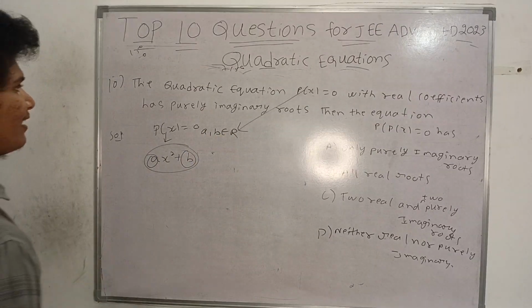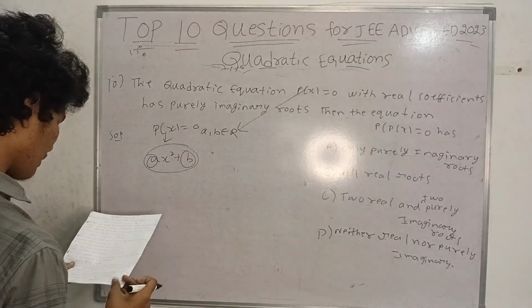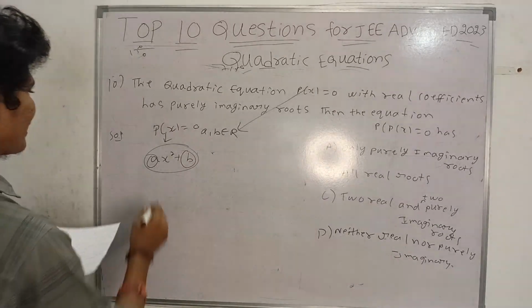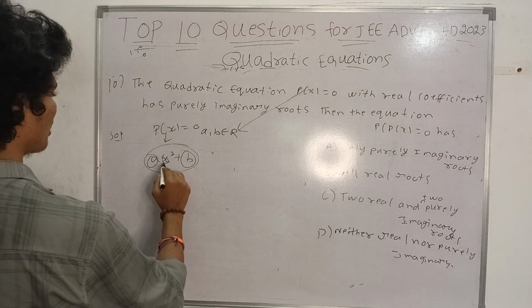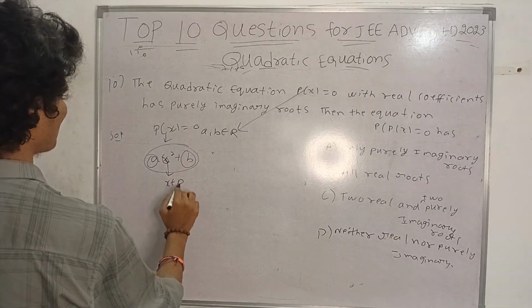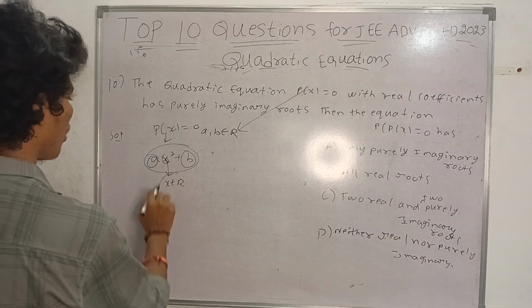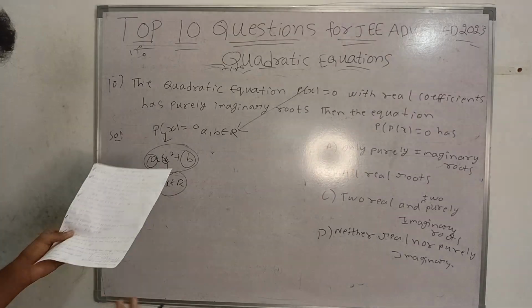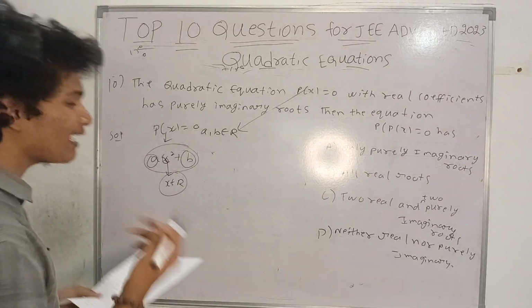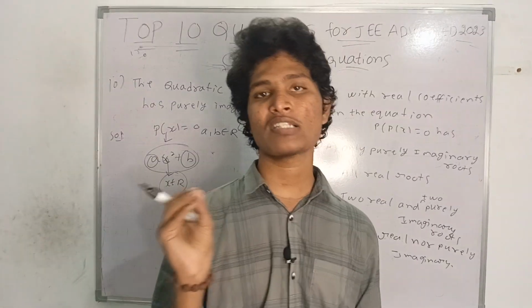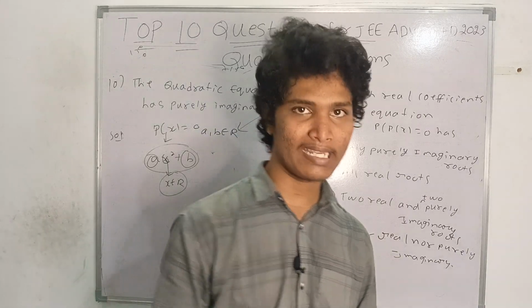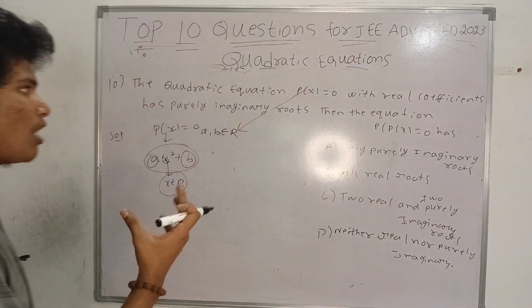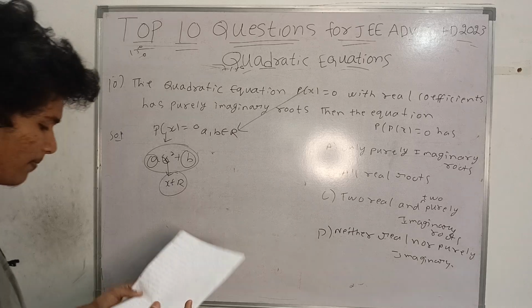It has purely imaginary roots. The main thing you have to understand is here the x belongs to R. When the coefficients of the quadratic polynomial are real, we already know the imaginary roots will occur.